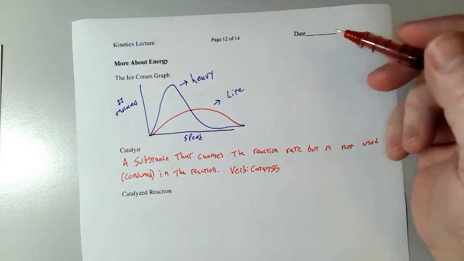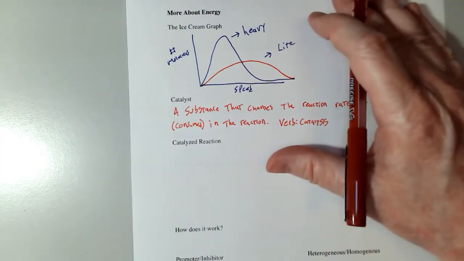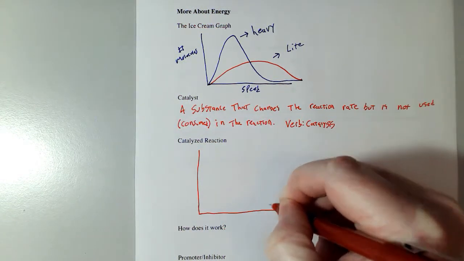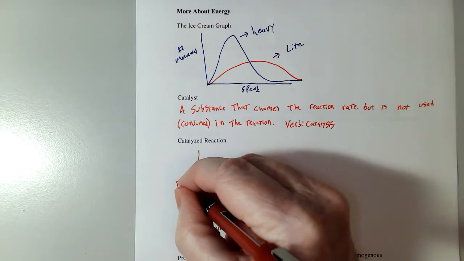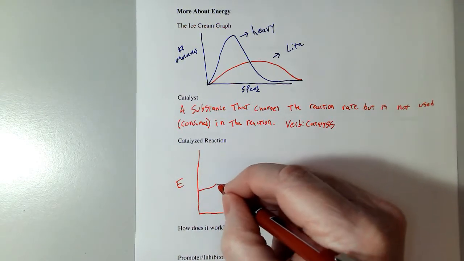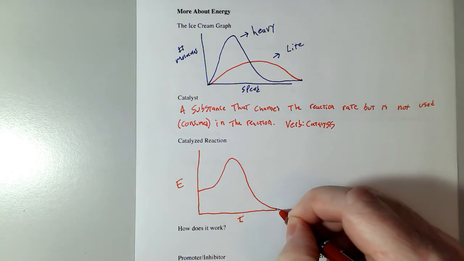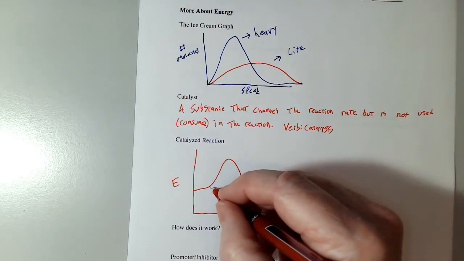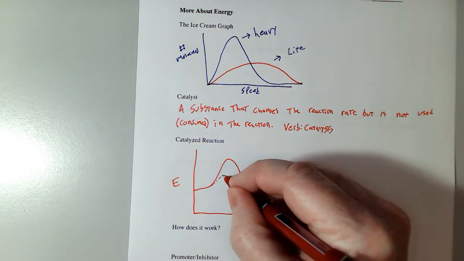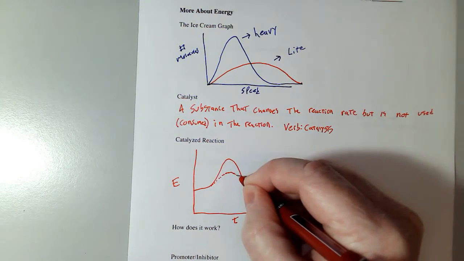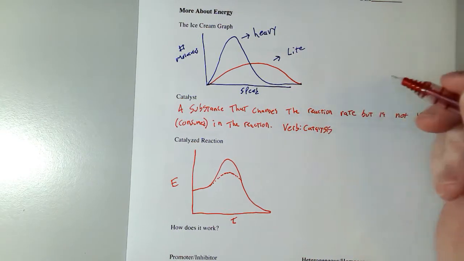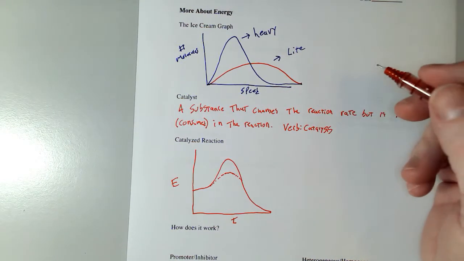Now, how does a catalyst work? Typically what we would say on an energy profile, this time actually we'll do an exothermic one, that's what the energy profile looks like most of the time. A catalyst can provide a lower or even a higher energy pathway for this to happen.